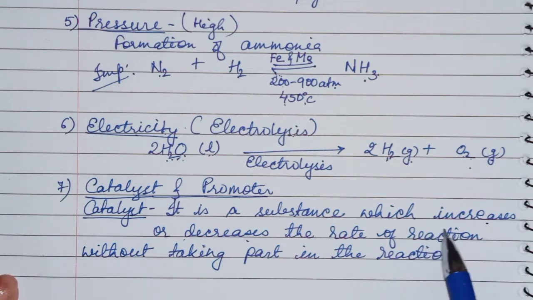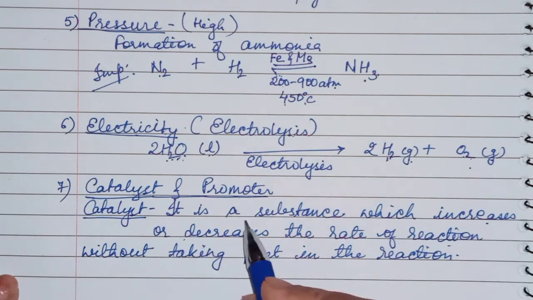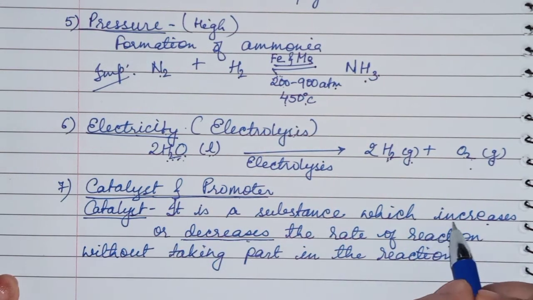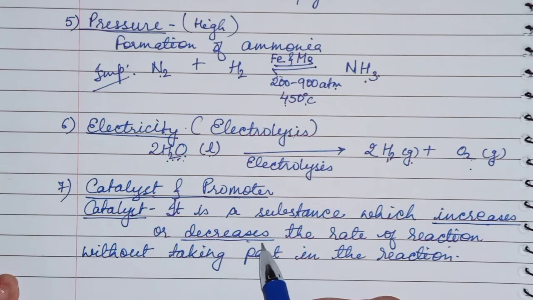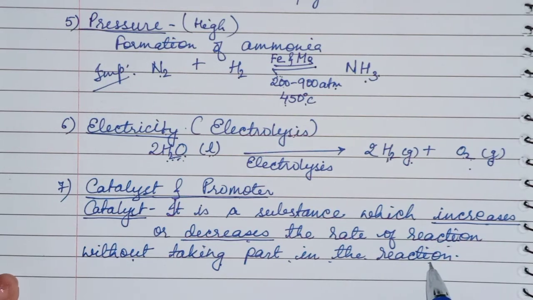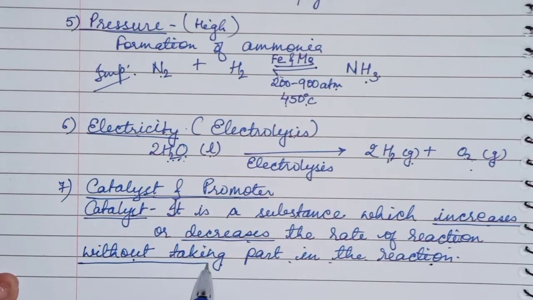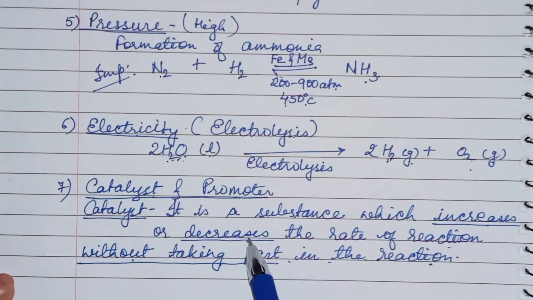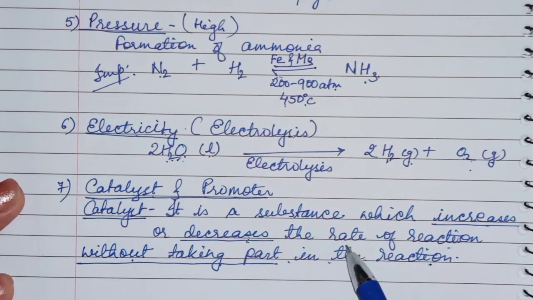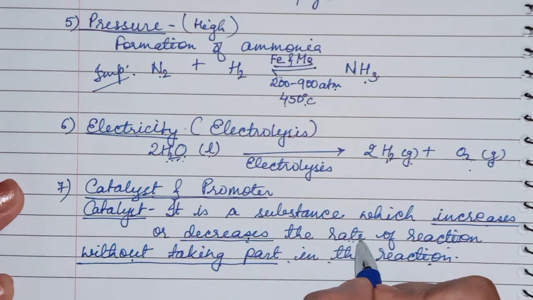Sometimes it will fasten the reaction and sometimes it will slow down the reaction, without taking part in the reaction. It is just increasing or decreasing the speed of reaction. Rate means speed of reaction.